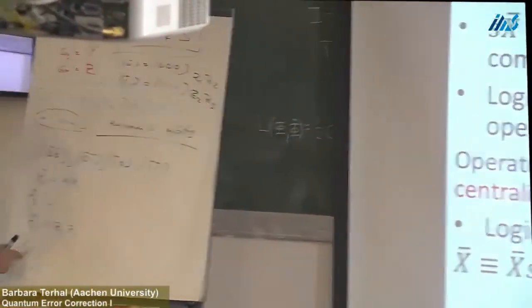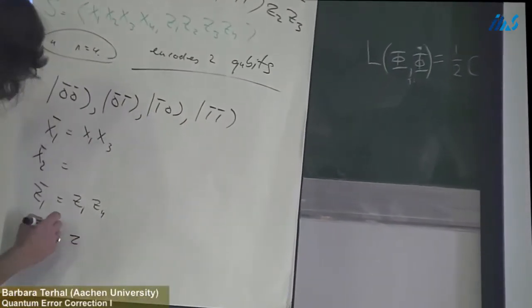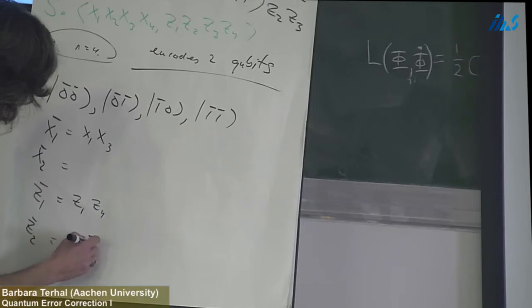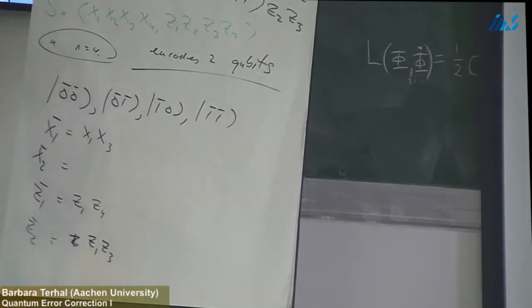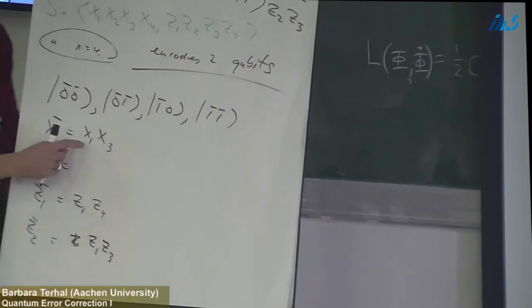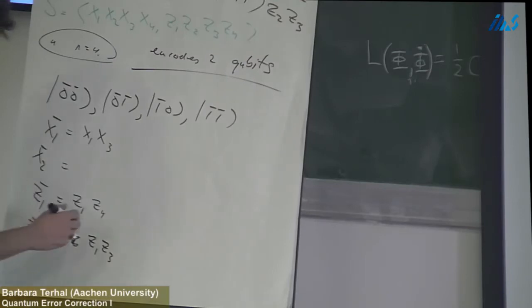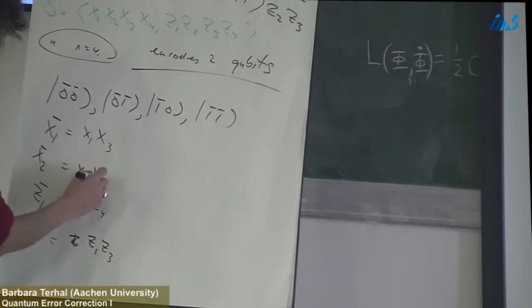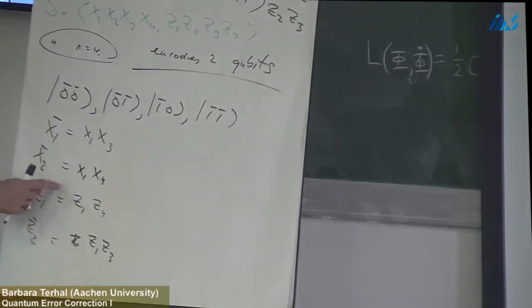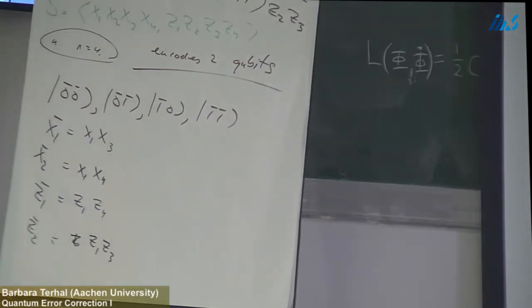Now I should choose some Z2. Let me check this: Z1, Z3. Z2 has to commute with X1, and Z1, Z3 commutes with X1 because it anti-commutes twice. And then I need to choose one more element, X1, X4. So these anti-commute, and these anti-commute, and these commute. I think I did this well.